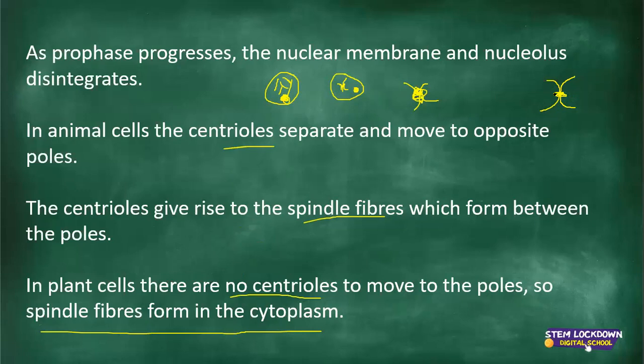The centriole is those cylinder shapes. They are cylinder or tube-like structures. Remember when we spoke of the cylinder or tube-like structures? They are present, and they aid in what? In cell division.